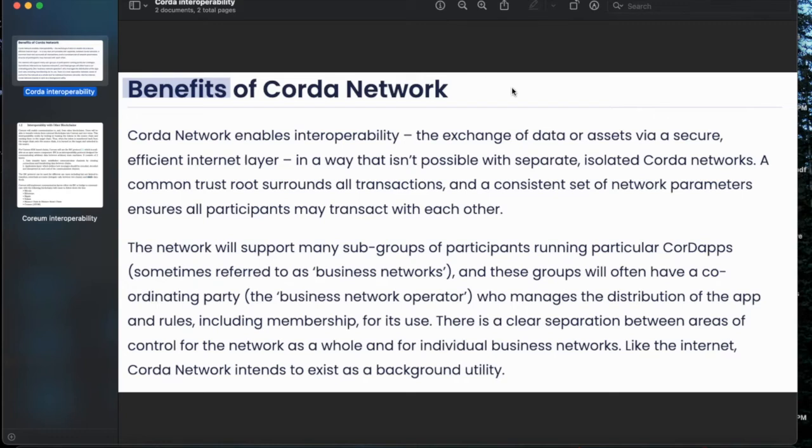The network will support many subgroups of participants running particular Corda dApps, sometimes referred to as business networks, and these groups will often have a coordinating party, the business network operator, who manages the distribution of the app and rules, including membership for its use. There is a clear separation between areas of control for the network as a whole and for individual businesses' networks. Like the internet, the Corda network intends to exist as a background utility.